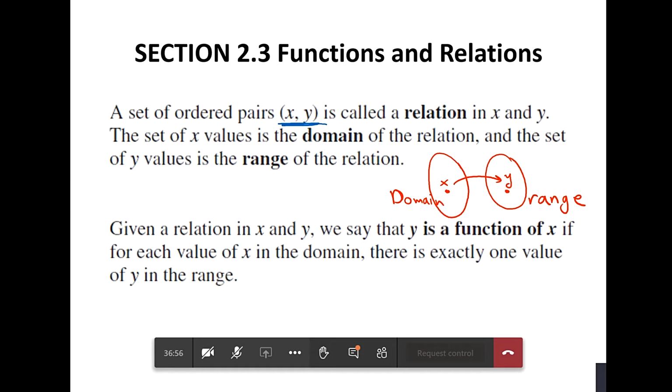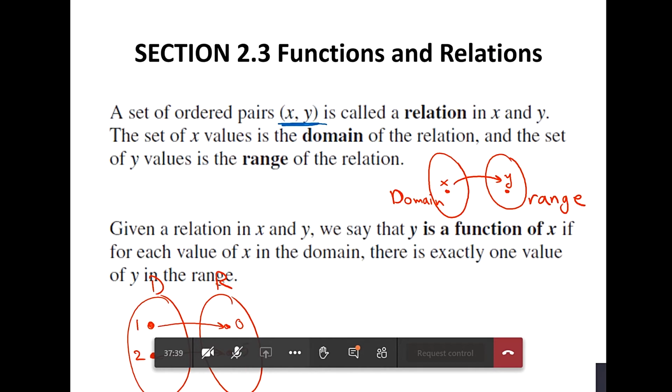Now the function is the same, but with more constraint: every x connects with just one y. Look at this. If we have, for example, this is the domain and this is the range. The function must connect any value, for example here 1 and here 2, with just one value of y. For example, 1 connects with 0 and 2 connects with 5.